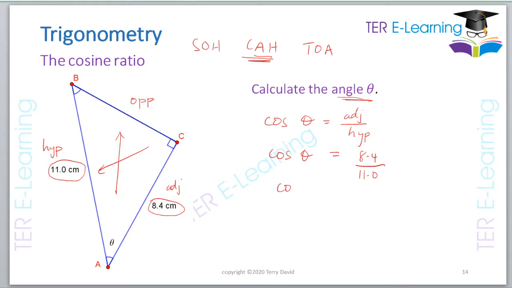So now we're going to work that out. Cos theta, you're going to use your calculator to work this out. 8.4 divided by 11. And this gives me, we're going to write this answer to 3 decimal places, 0.764. And now in order to get theta, theta is simply the inverse cosine of 0.764.